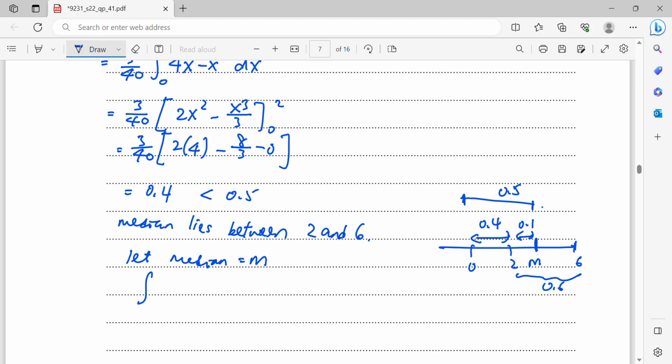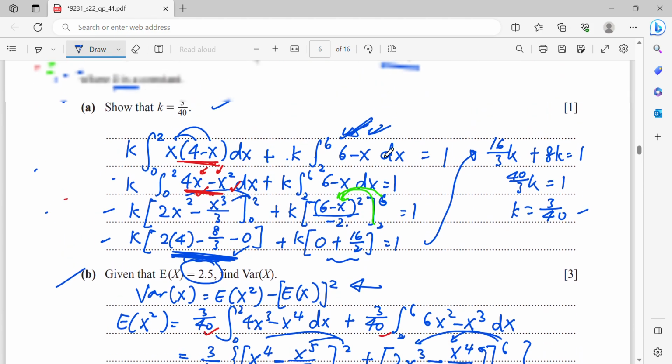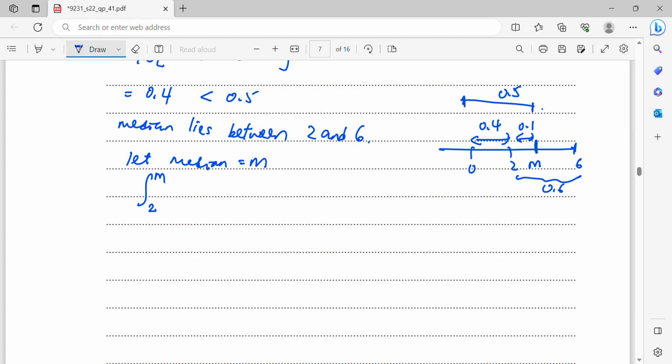That's the probability. So now I will write from 2 to m, the second function. When you integrate the second function, I will just copy this, 6 minus x, together with the k value, 3 over 40, 6 minus x, dx, it will be 0.1, as shown in this diagram.